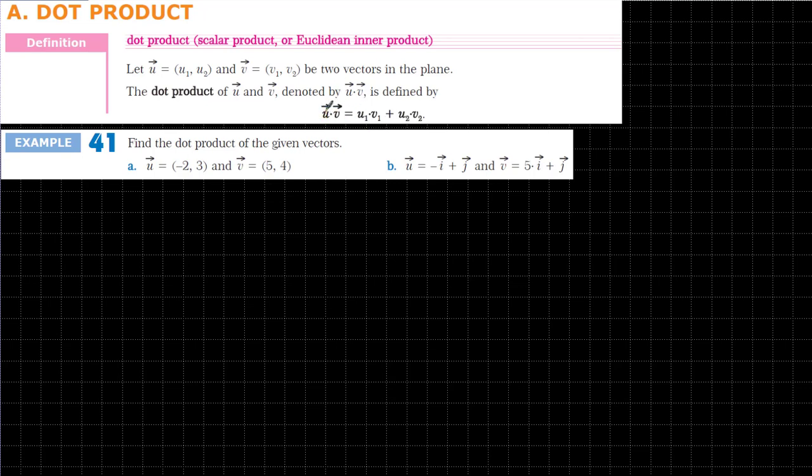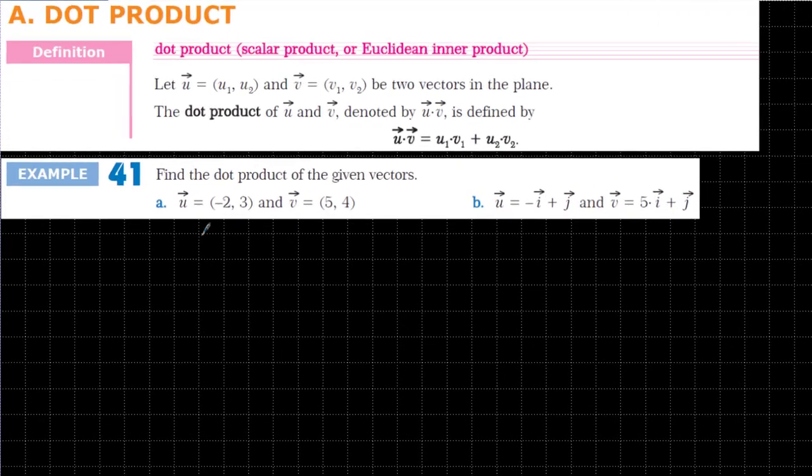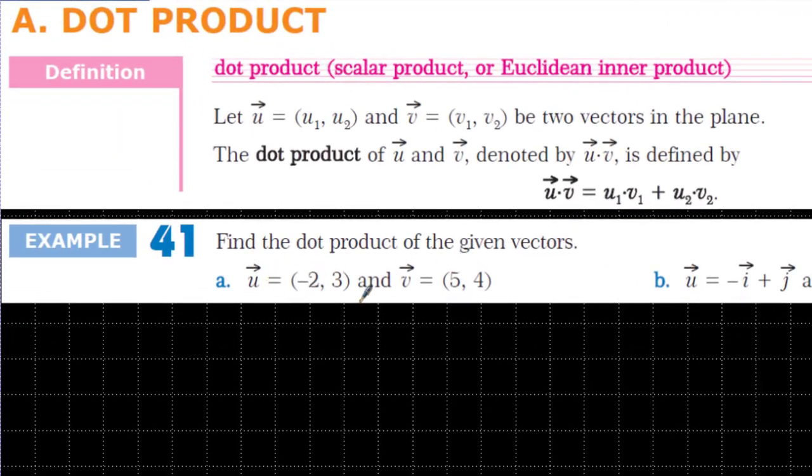Here is the formula: if you multiply the u vector times the v vector, it is going to be u1 times v1 plus u2 times v2. So if we solve this question, find the dot product of the given vectors, which means if I multiply u times v, I am going to apply the formula directly.